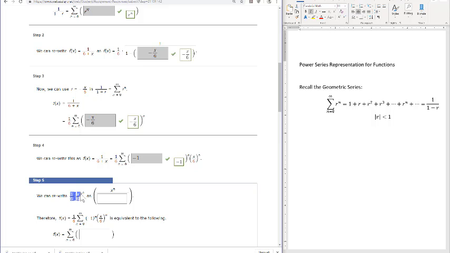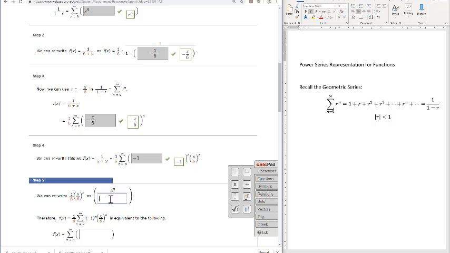And so the numerator will just be x to the n, and I have a 6 here, and I have 6 to the nth power. So this would be 6 raised to the n power times 6. So that's essentially just adding the powers.